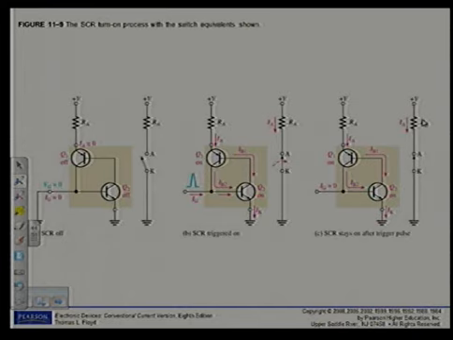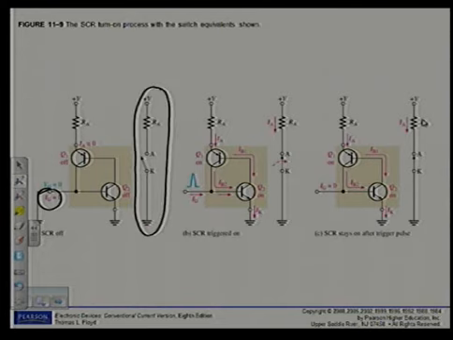When the gate current IG is equal to 0, as I can see here in figure 11.9a, the device acts as a 4-layer diode in the off state. In this state, the very high resistance between the anode and cathode can be approximated by an open switch as indicated right next to it there.